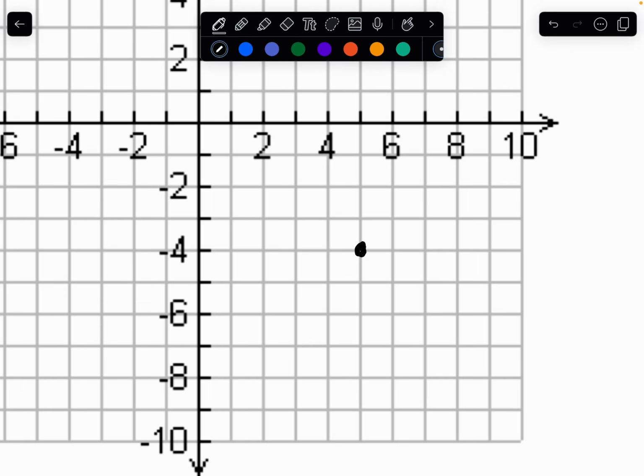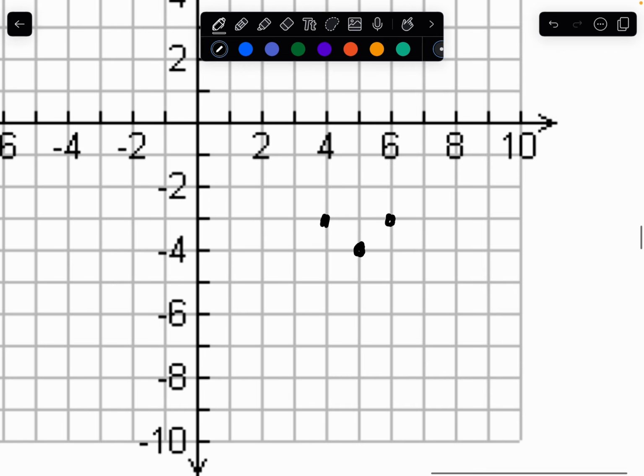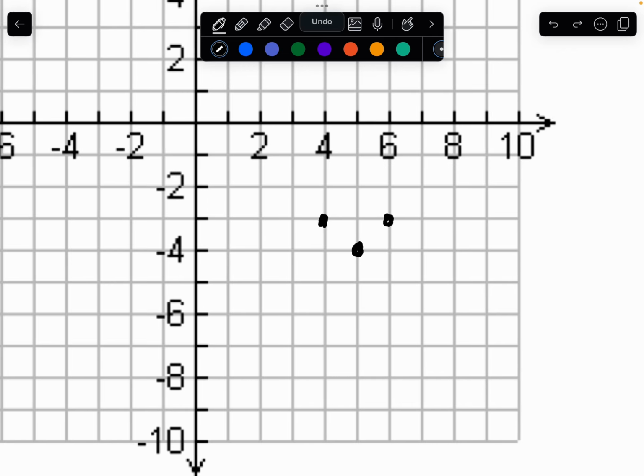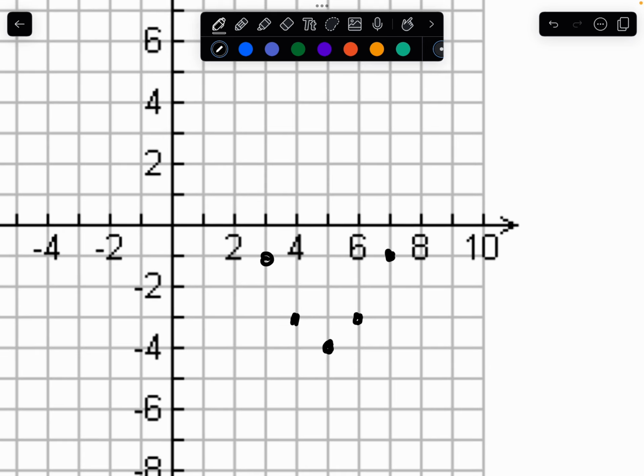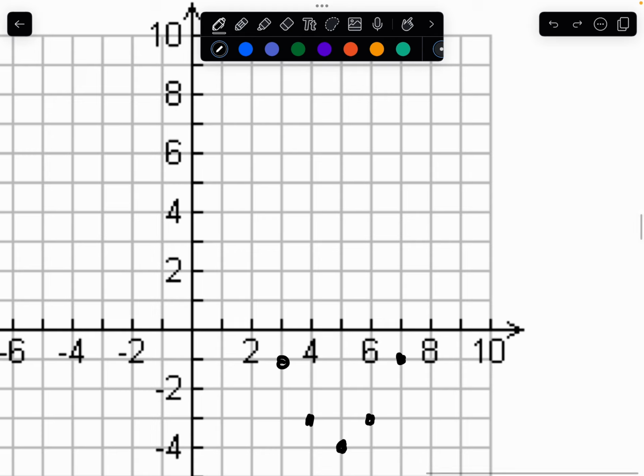And now we can draw a parabola. So 1 squared is 1, so we go up 1, up 1, and then we go over 2. 2 squared is 4, and we'll go up to here and here. And I'll graph one more point probably. 3 squared is 9, so we have 3 this way, and go up to 5 here.